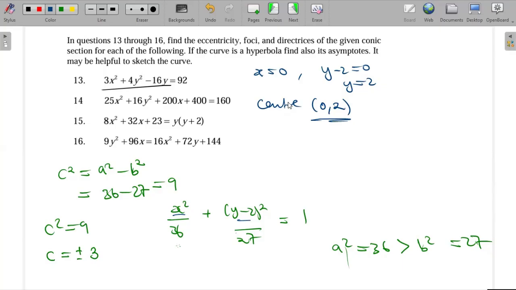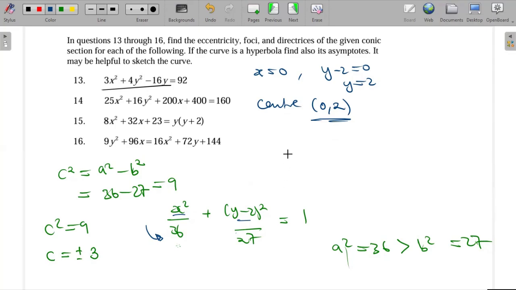So we found the center, and we have our c, which is going to help us find our foci. Now, since this ellipse is in the x, what does this mean to us?